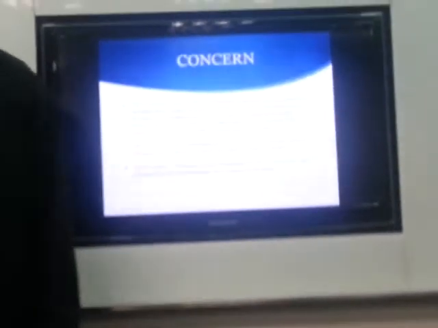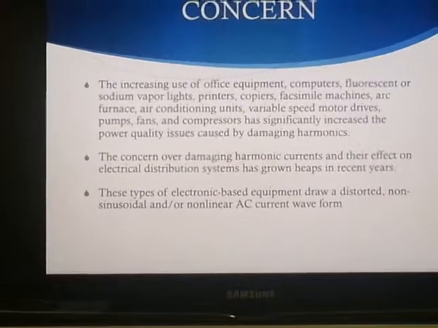In today's world, the number of non-linear loads being used on power systems has significantly increased in comparison to olden days.